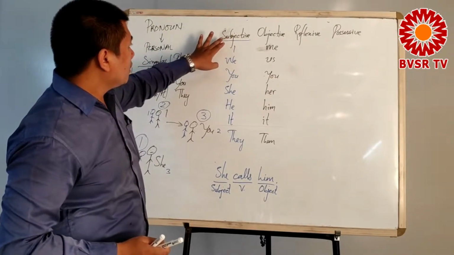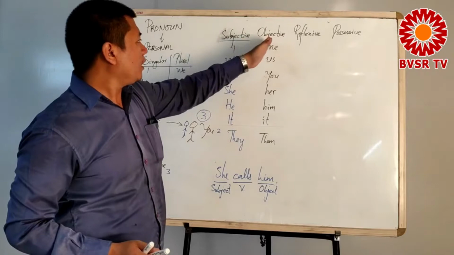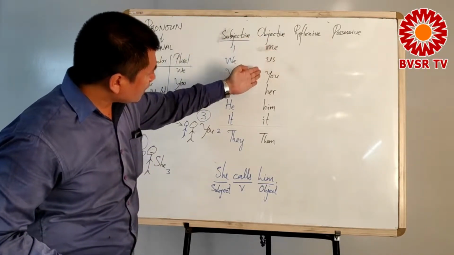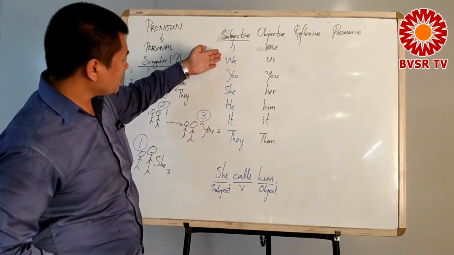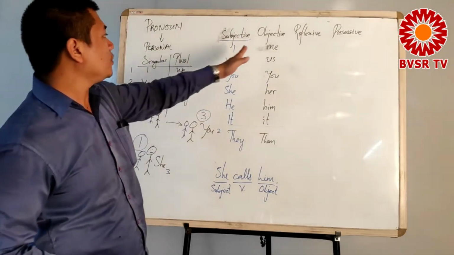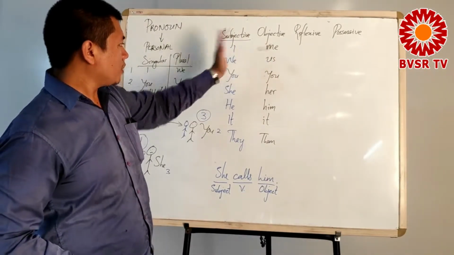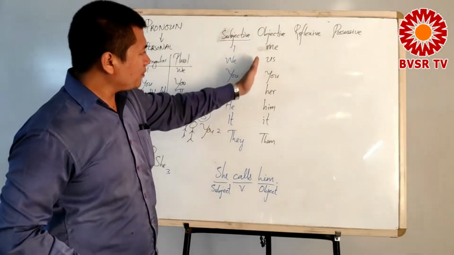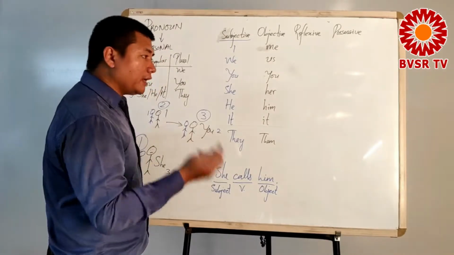Now you already understood the difference between subject and object. These are the pronouns which we use in the objects, and these are the pronouns which we use in the subject. So we should not make a mistake by giving a wrong position. If you put me in the subject area, that will be a mistake.